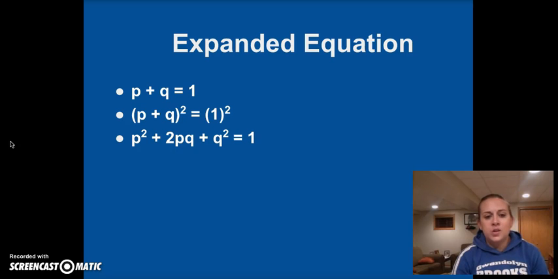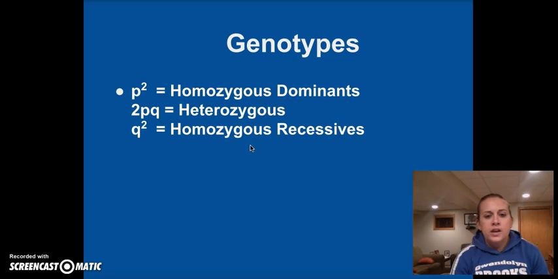Then you have the expanded equation, and this is when you say (p + q)² = 1². When you factor it out, you find that p² + 2pq + q² = 1. In this case, the homozygous dominant would be p², because p is for the dominant. Let's say we're talking about height in plants: you would have capital T for a homozygous dominant, so it's like two T's together, and p² is multiplying two p's together.